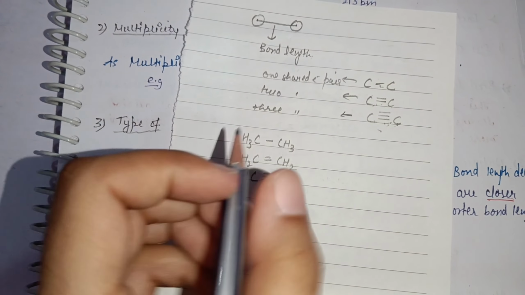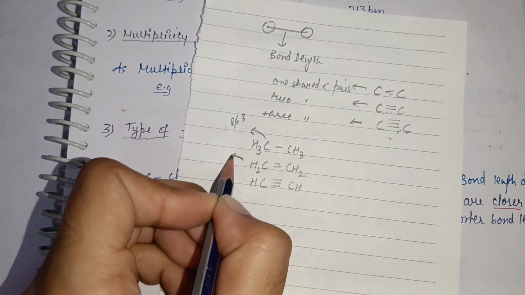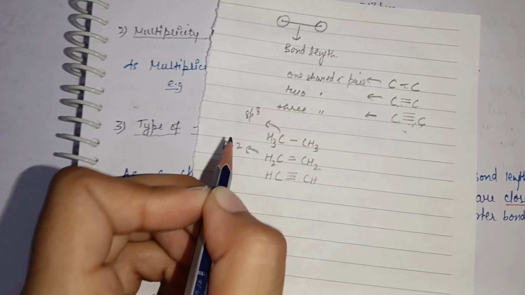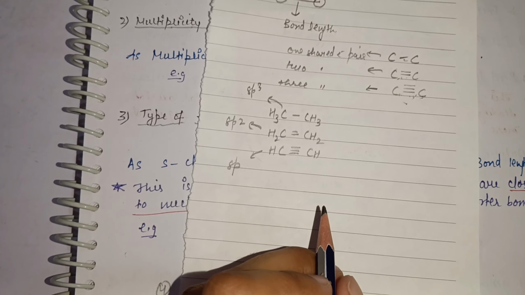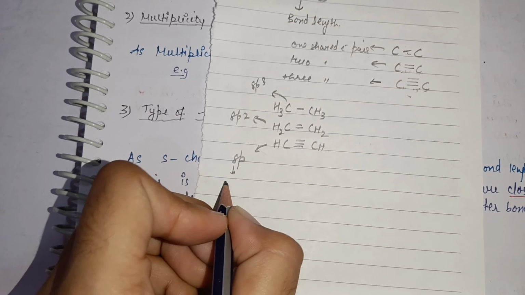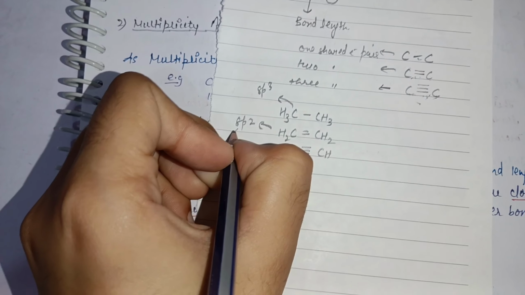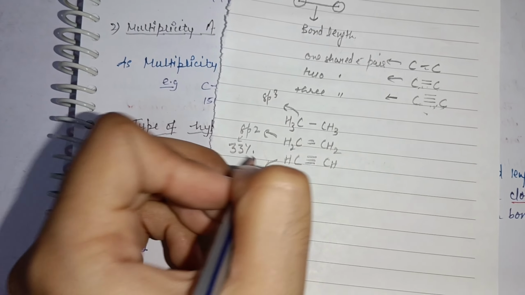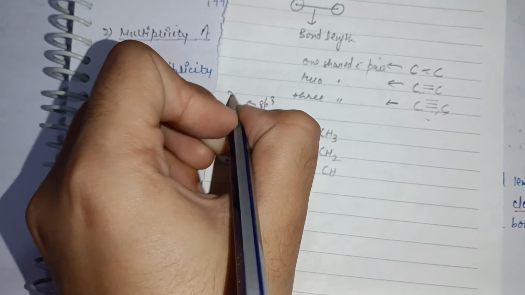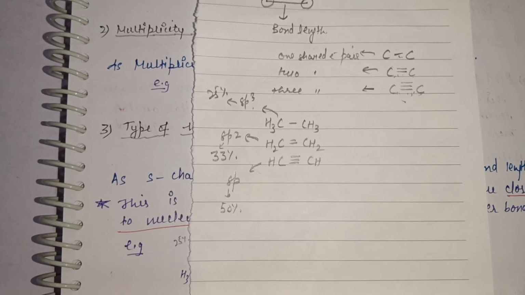In the first case hybridization is sp3, in the second sp2, and in the third sp. Now here S character is 25% and 75% P character, here S character is 33% and the rest is P character, and here S character is 50% and 50% P character.